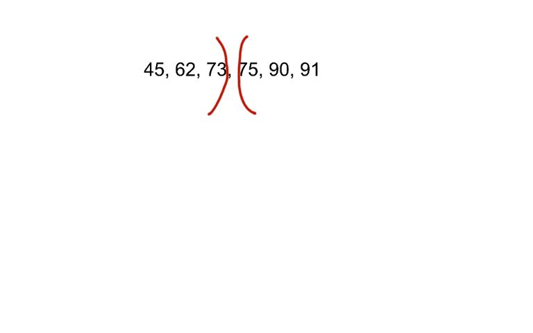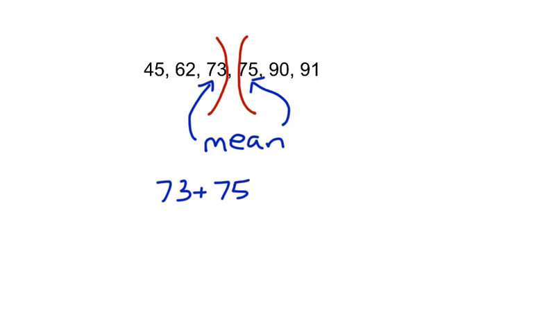Now, this might sound a little strange, but what we're going to do to find the median of this data set is find the mean of the 2 points that are closest to the middle. So we're going to take those 2 numbers, the 73 and the 75. We're going to find the mean of those 2 numbers, and that is going to be the median of this data set.